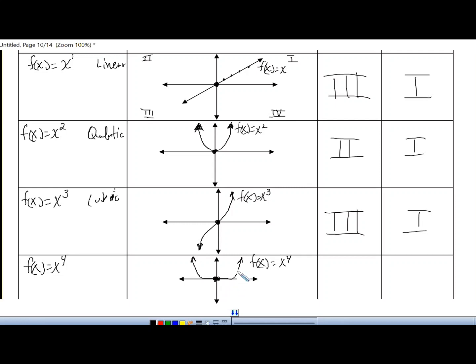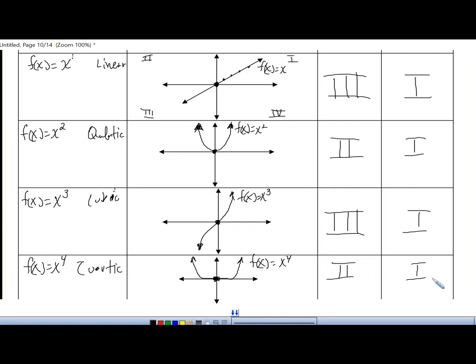So you're like, but Hayden said, you know what, Mr. Q, it looks totally like a quadratic. Yes, this quartic looks like a quadratic. Quartic being 4. And where does it start? Yes, second quadrant and ends first quadrant.